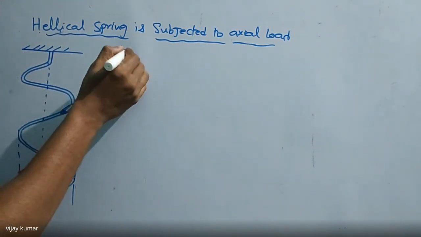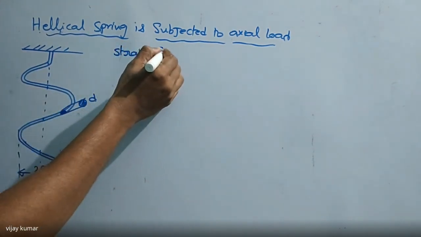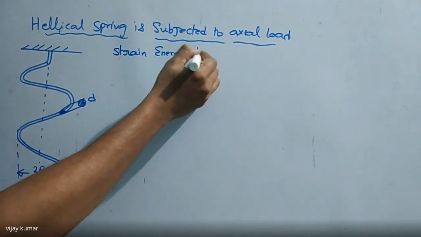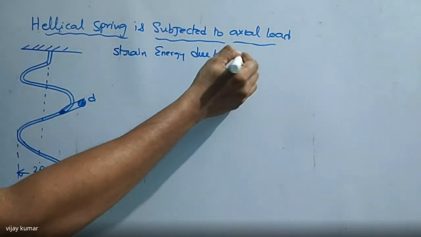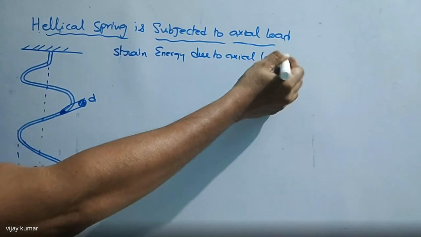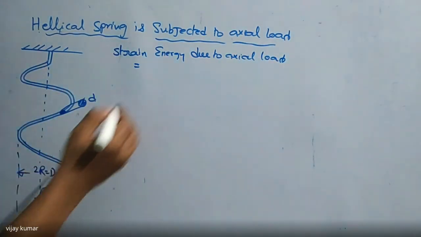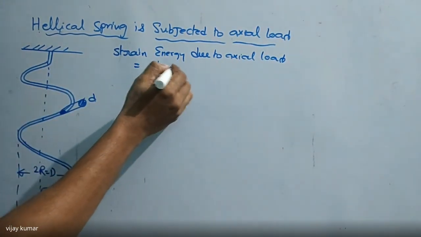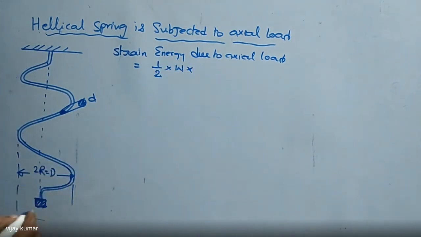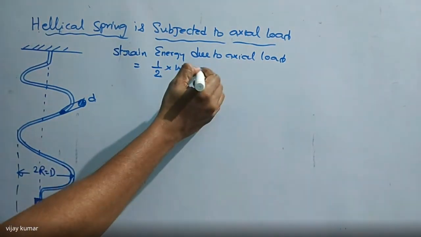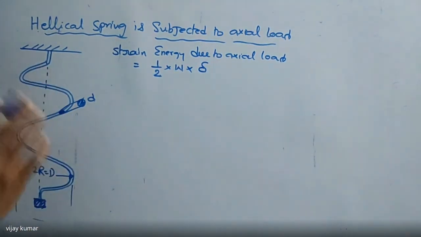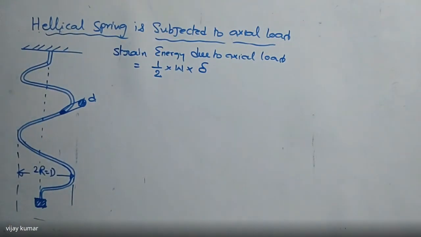Strain energy due to axial load is equal to half into W into this deflection. This deflection, I'm going to write as delta. So that is the strain energy due to axial load. This load is nothing but W, I'm writing here. So please take care about that.